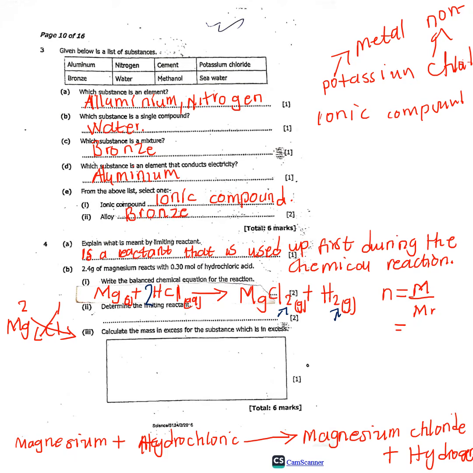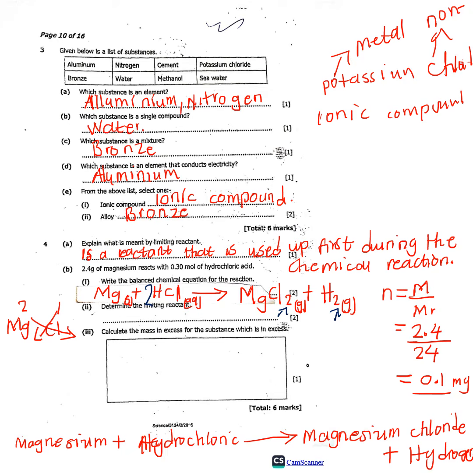The mass for magnesium is given as 2.4, and the mass number for magnesium is 24. So we get 2.4 over 24, which on the calculator gives 0.1. So we have 0.1 as the number of moles for Mg.